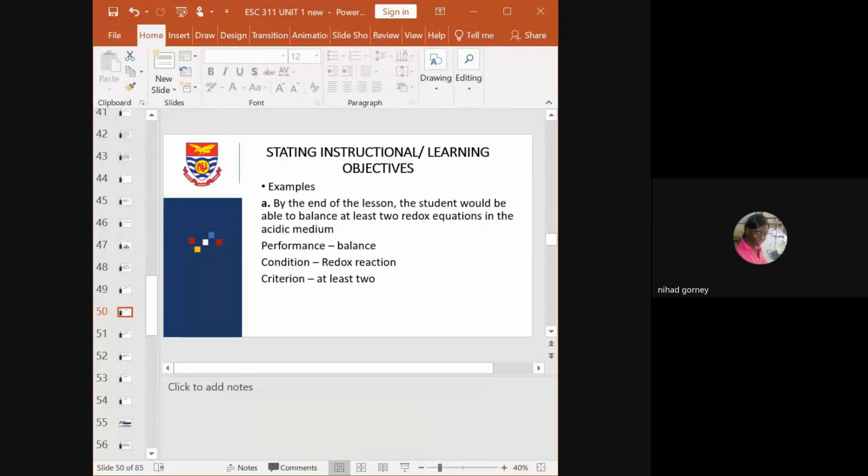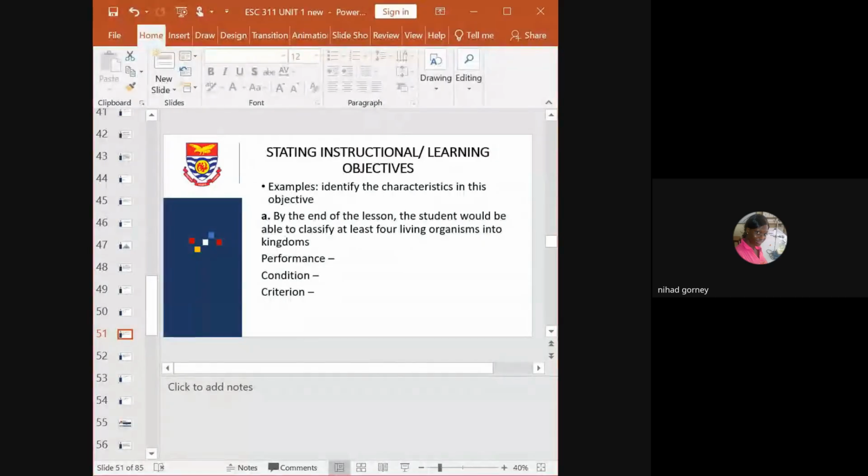What do they perform? Balance. To be able to do what? Balance. What is the condition we are looking at? Redox reaction is the condition they are talking about. Which criterion will show that it has been achieved? At least two. So the student is to be able to balance at least two redox equations in acidic medium.